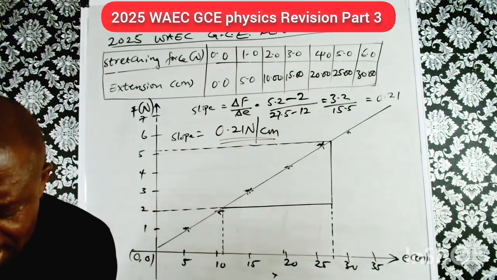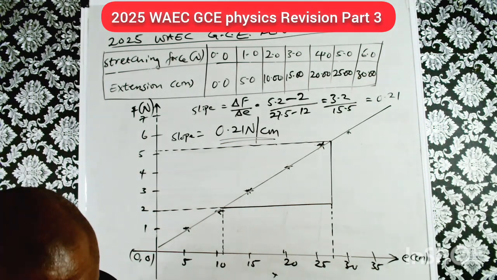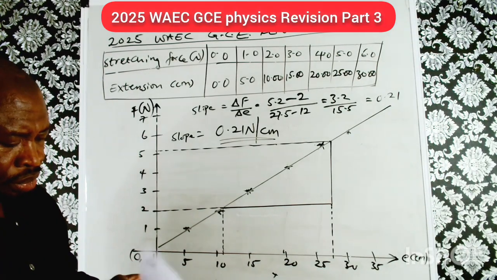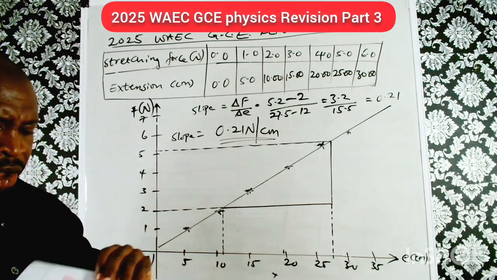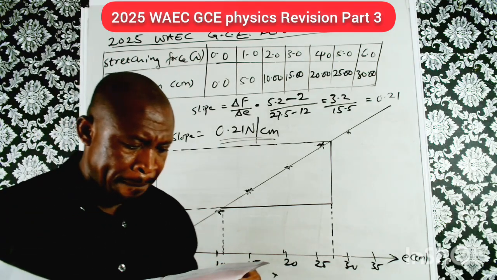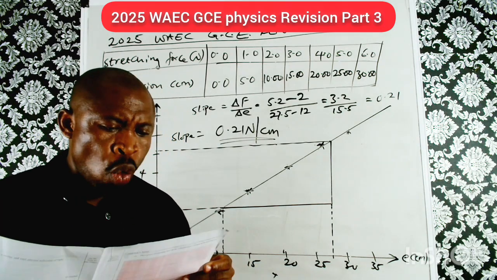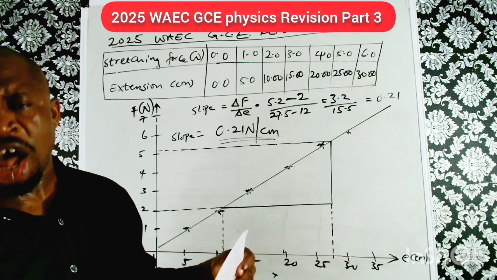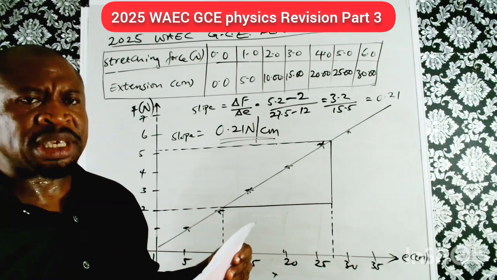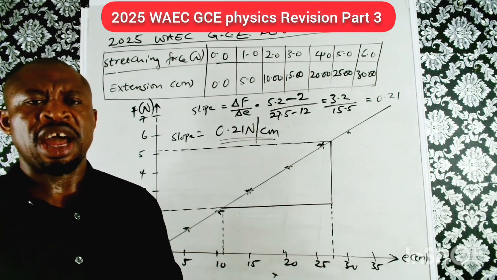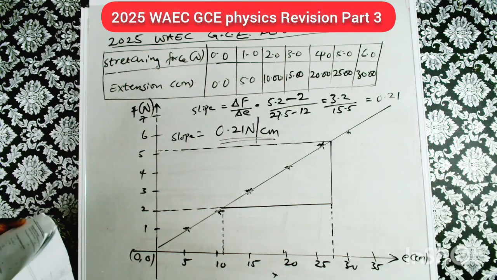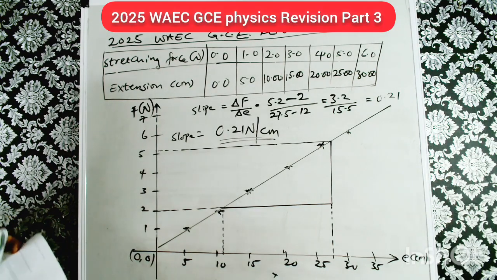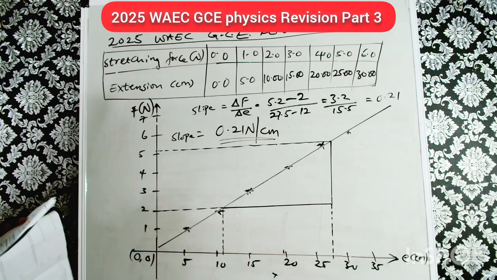Now the next question says, what does the slope of the graph represent? So look at, when you plot a graph of F against E, what do you have as your slope?